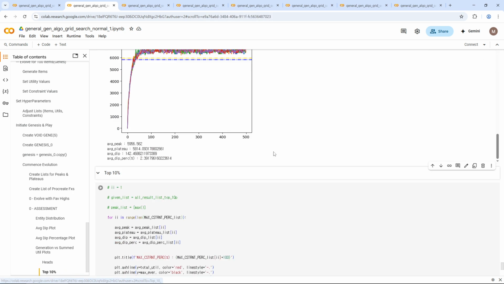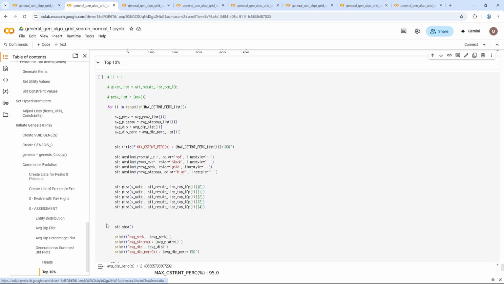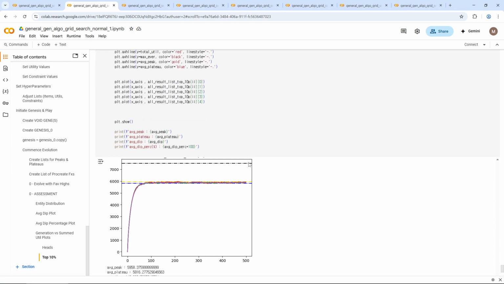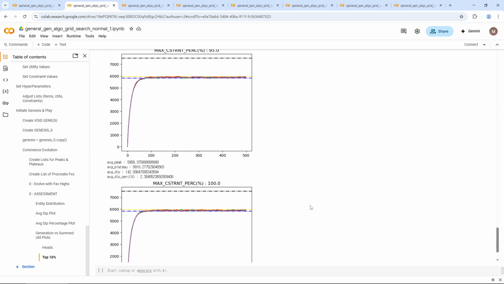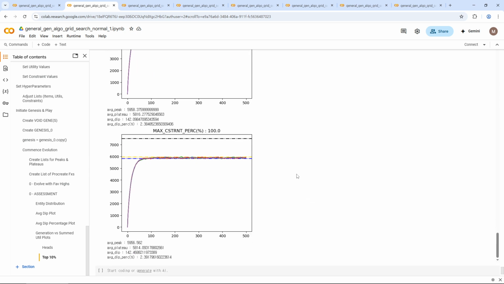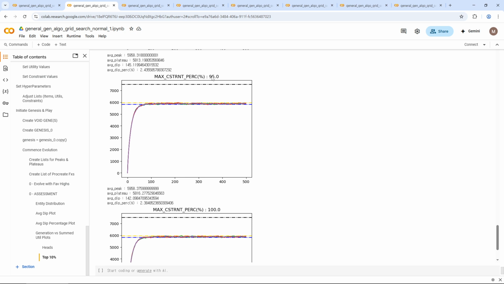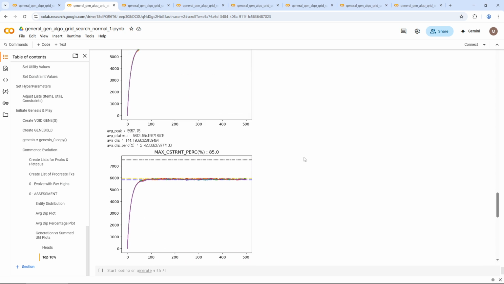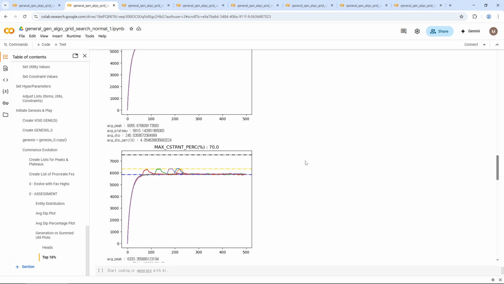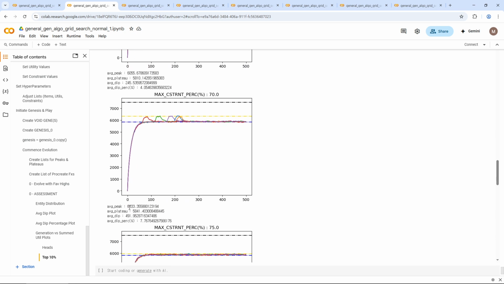And I say that because the maximum ever was 7,500-ish, and we were lucky there at 95. But when we did have peaks, for example here, the average peaks were 6,333.